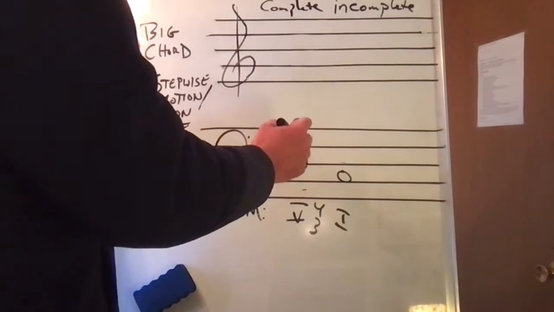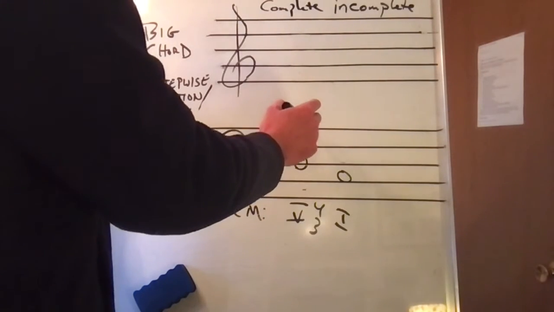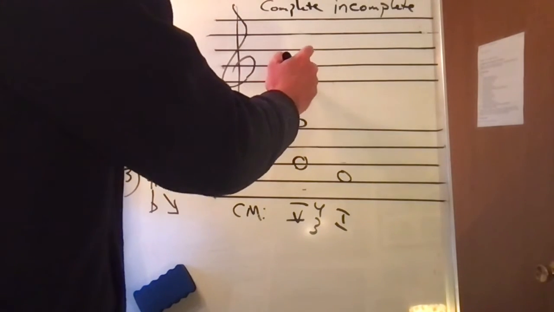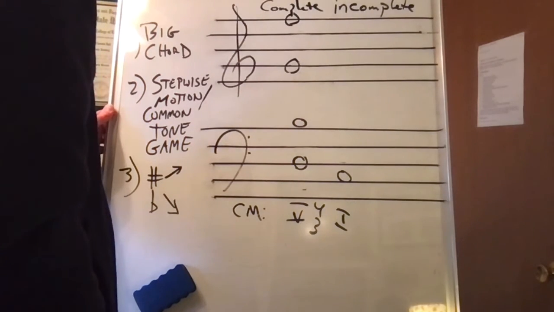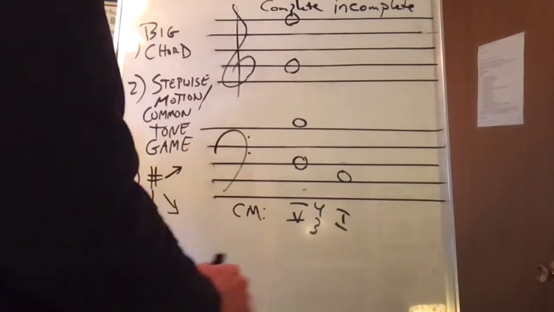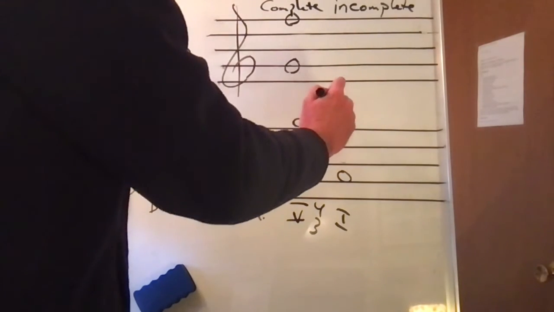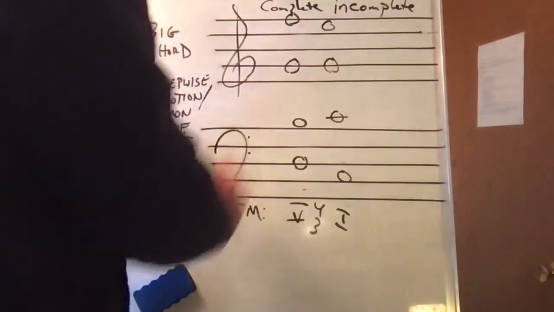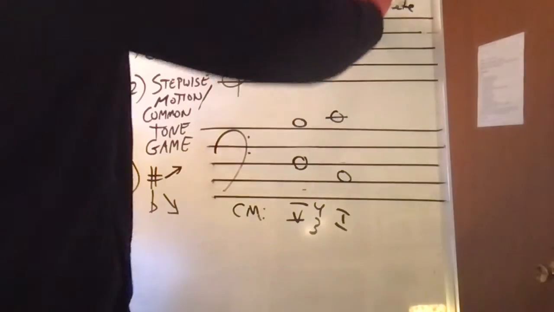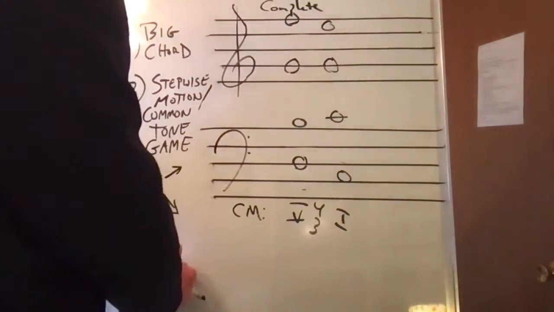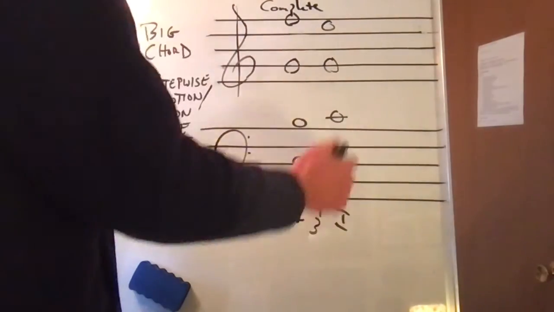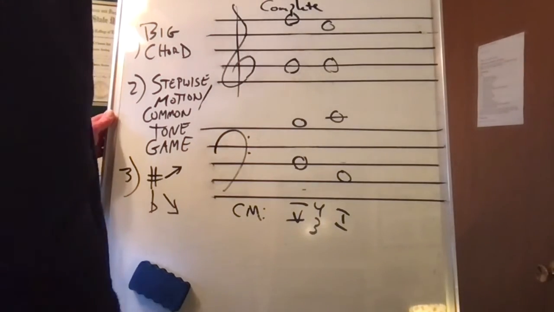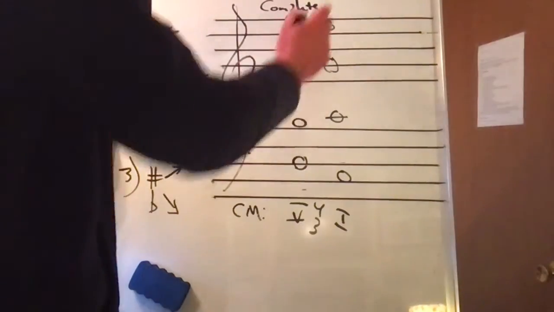So here we have our D and our B. And I'm going to put my G here and an F way up here. Why not? And here's my inner leading tone. I'm going to keep that and go like that. Now these are both complete chords. I should note that the last one was also complete. You have the root, the third, and the fifth. But again, note, there is no leaping at all.